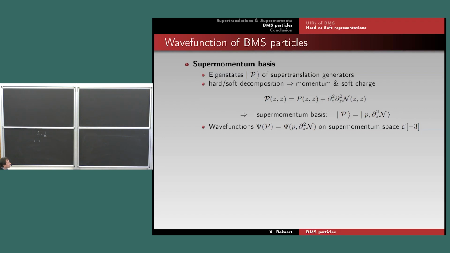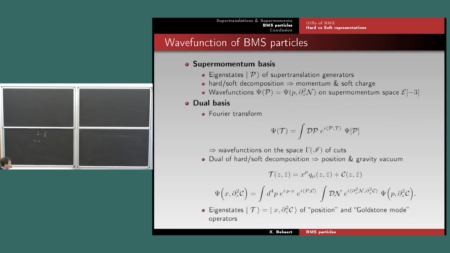And this is the one that comes naturally from the point of view of orbits and irreducibility. But then you can say, oh, okay, but still I can do a formal Fourier transform, just like we would do to go to the position fields in terms of positions. So then you have a function of the space of cuts, but you can again play some game.